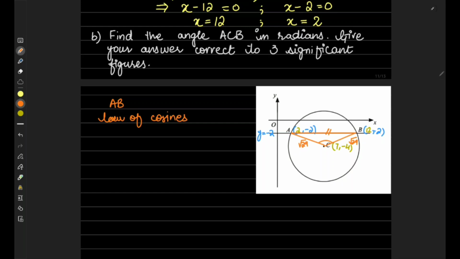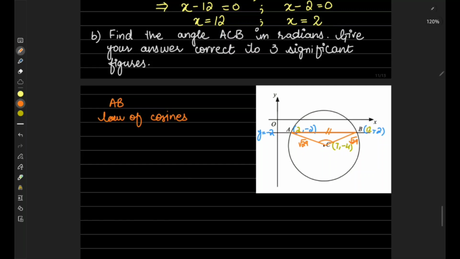So using law of cosines, if we call the side opposite to C as c, opposite of B as b, opposite of A as a, I am representing it in the same format.